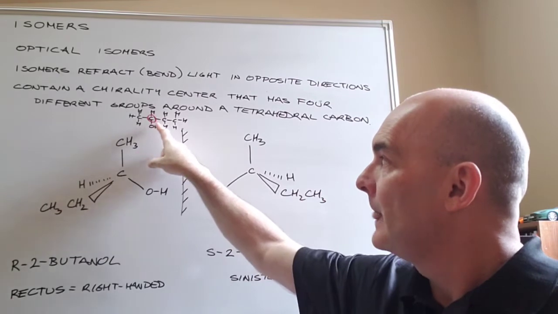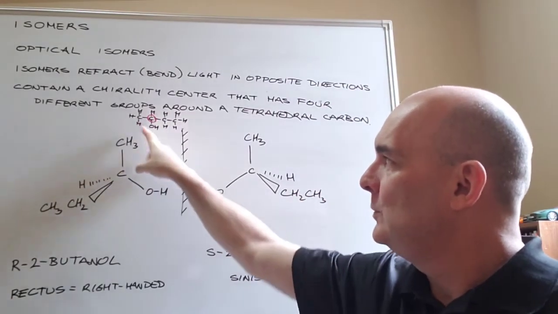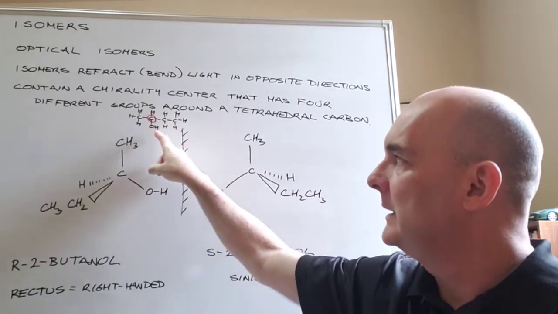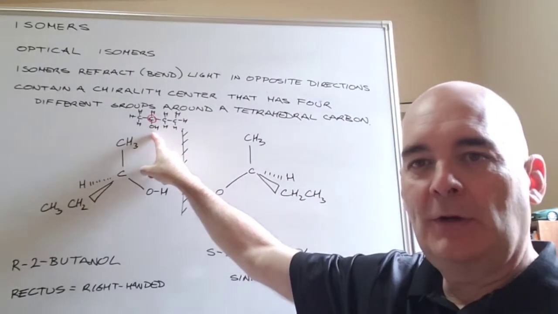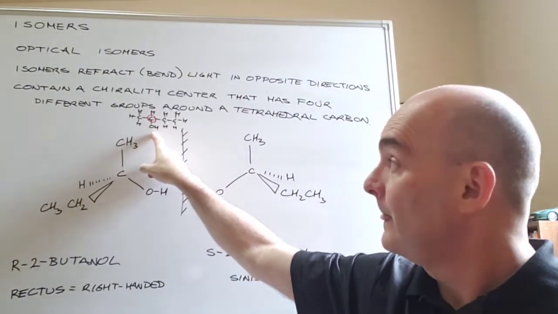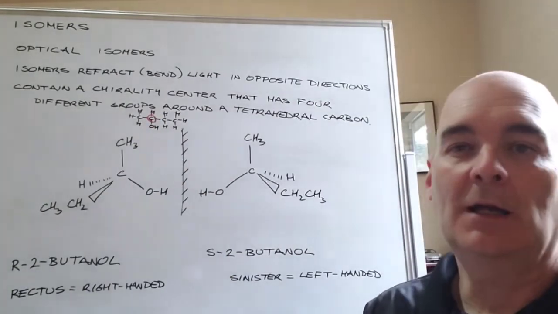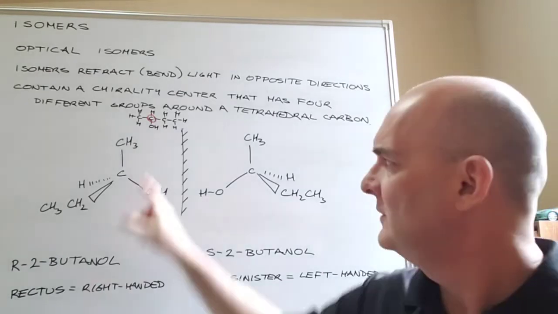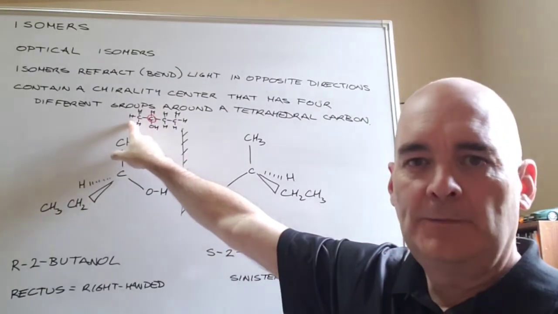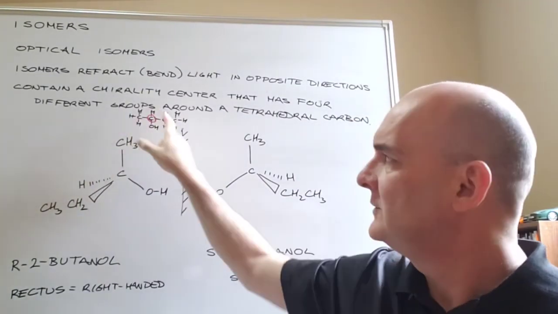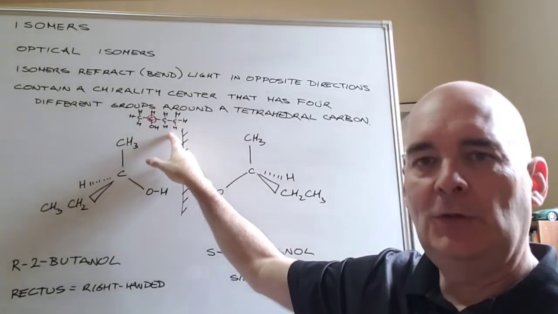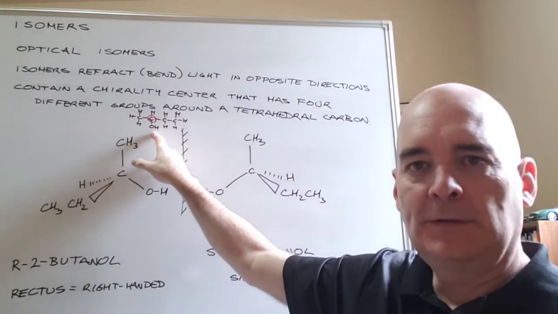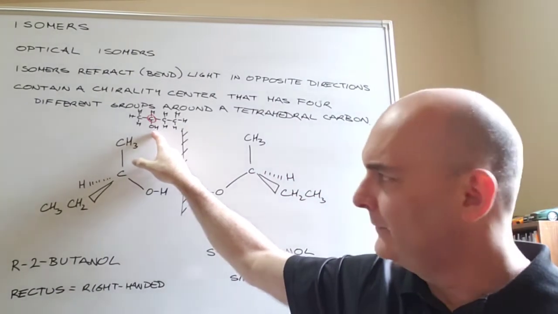easy to draw. So this is 2-butanol. It is an alcohol. It has 4 carbons in a chain. And at carbon number 2, there is an OH, an alcohol group, which means that red carbon is attached to 4 different things. It's attached to a methyl, a 1-carbon fragment, an ethyl, a 2-carbon fragment, a hydrogen, and then a hydroxyl, the alcohol group itself.